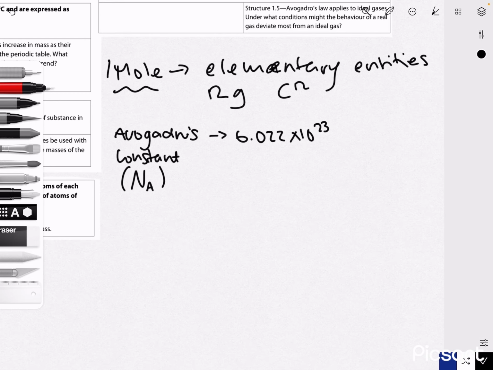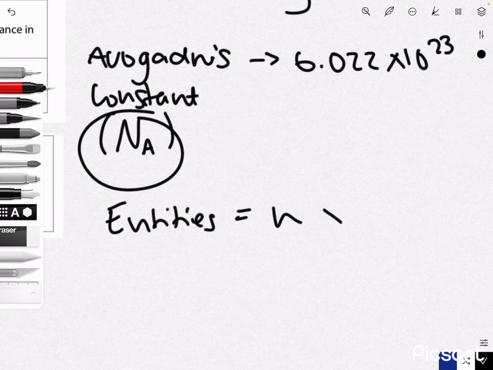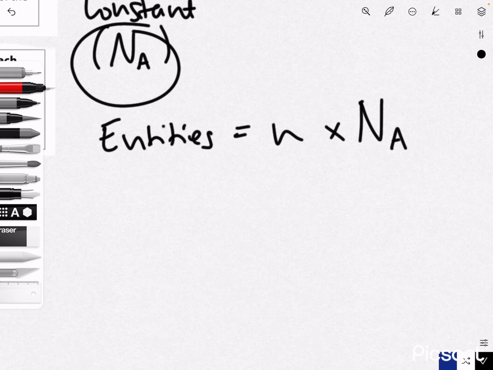To find the number of elementary entities, the formula that you will need to know is entities equals moles times Avogadro's constant. Let's use an example: how many atoms are in 2 moles of oxygen?